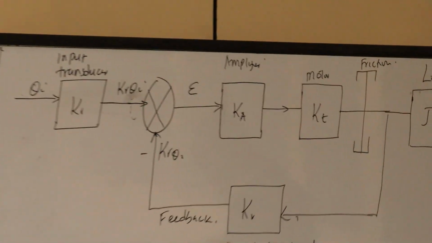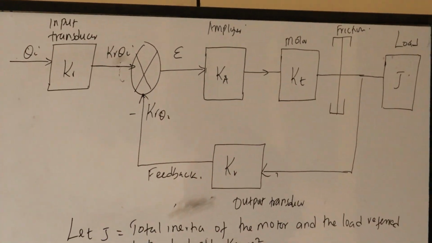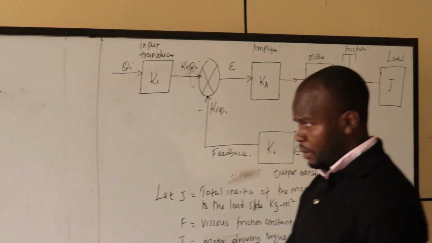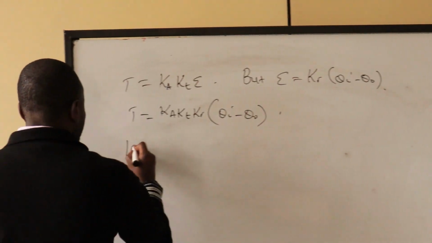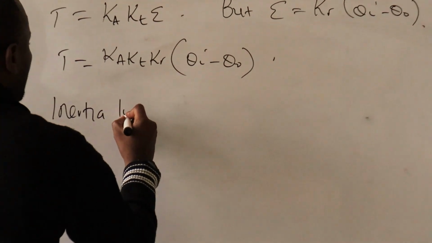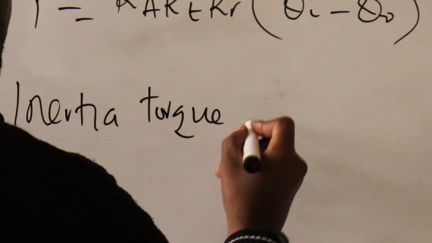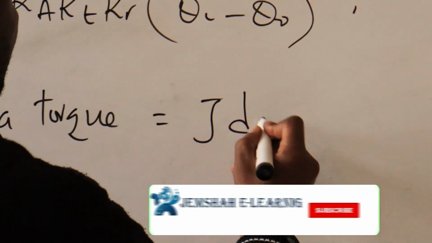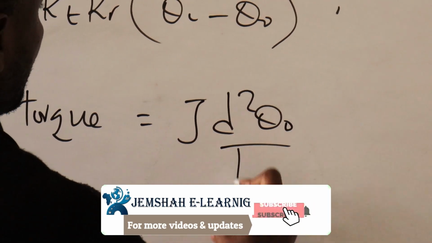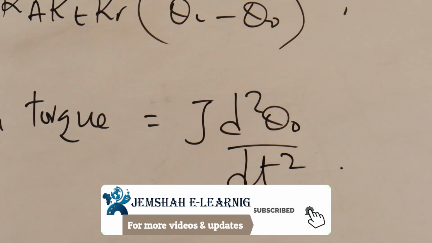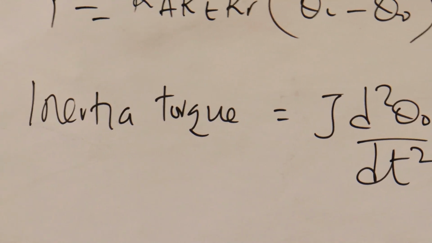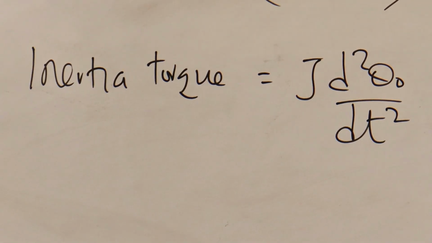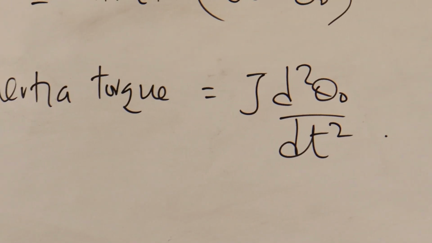We did say that we can talk of the inertia torque. In this case, the inertia torque is given by J d squared theta naught all over dt squared. That is the inertia torque and acceleration.